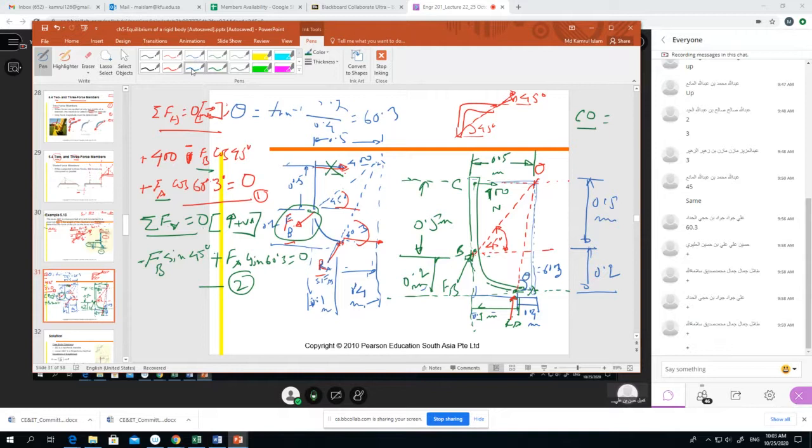Again we have two unknowns, FB and FA. So we have two equations.